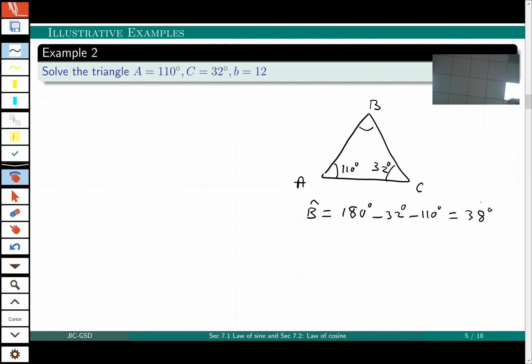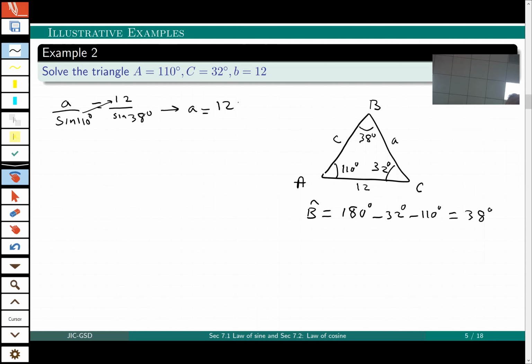Now, I have b equal to 12, which means this is 12. And I need to find what's c, what is a. To find a, we will say a over sine 110 must equal, now we have B, it's 38 degrees, so 12 over sine 38 degrees, which means our a will be equal to, as we said, that has to move there.